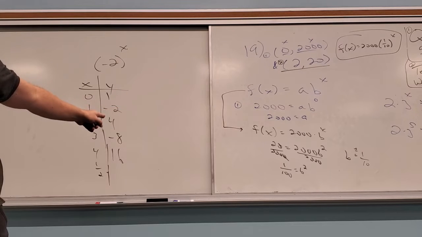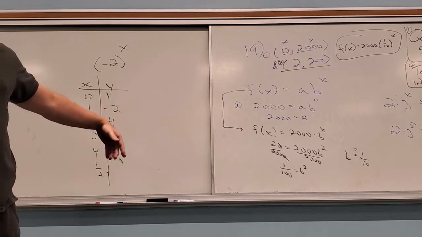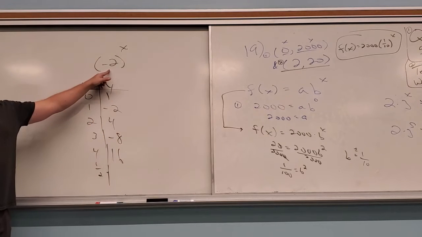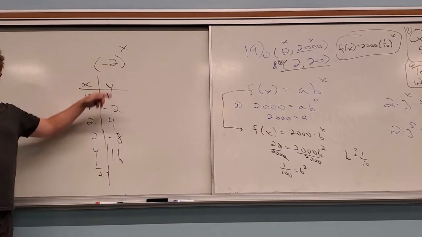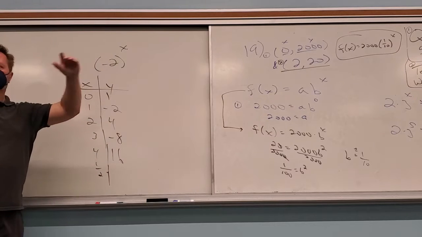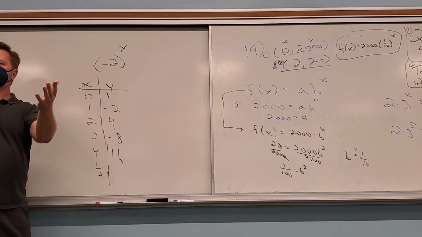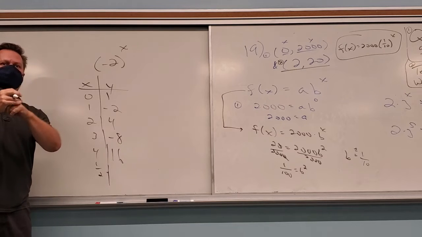And what are we trying to not let happen here? I don't want to try to graph using complex numbers, so I don't want a complex number. What's the square root of negative 2? Is it real or complex? Complex, right? It would actually be rad 2 i.